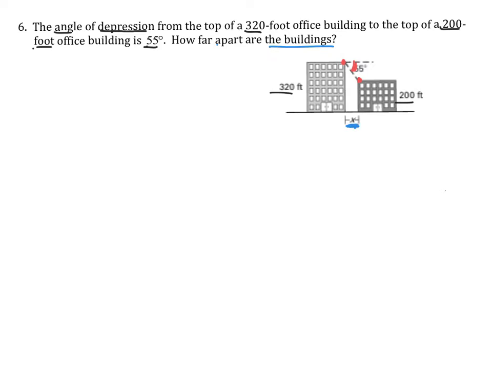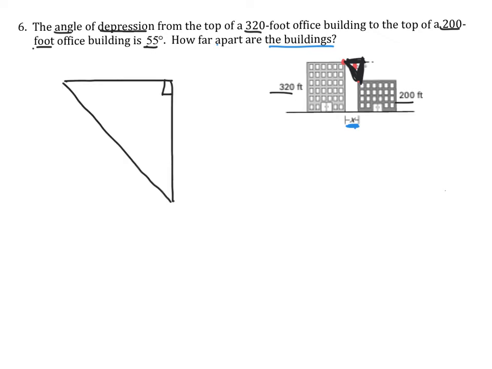What I'm trying to look for in these problems is where is the right triangle? I'm going to eventually have to use trigonometry to solve this. So where is my right triangle? So let's highlight my angle of depression, and let's close this up to form a little right triangle. All right, well, let's redraw that off to the side so I can fill in my information.